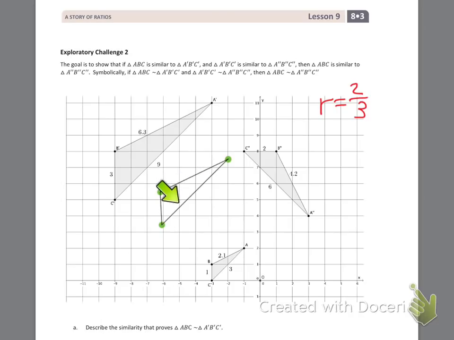So now we need to map this triangle onto this one. So what I could see, this is coordinate A or A prime, and I'm going to use a translation to translate it down to A double prime, and then we'll rotate.